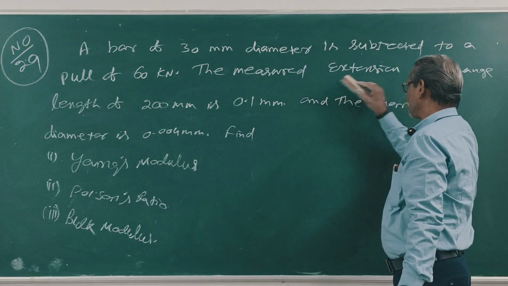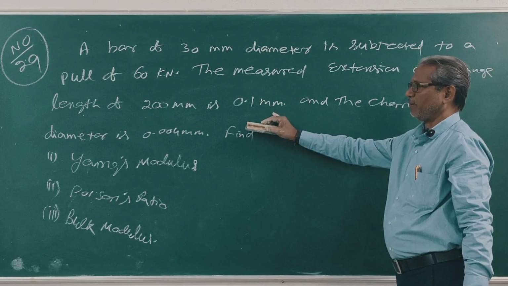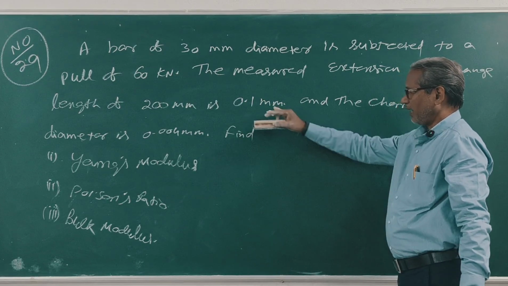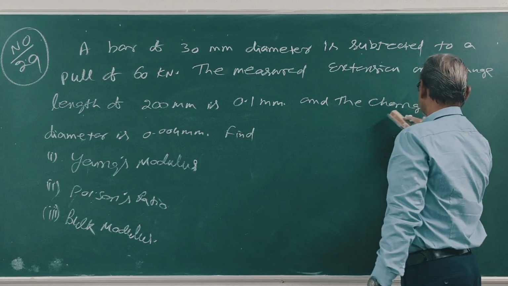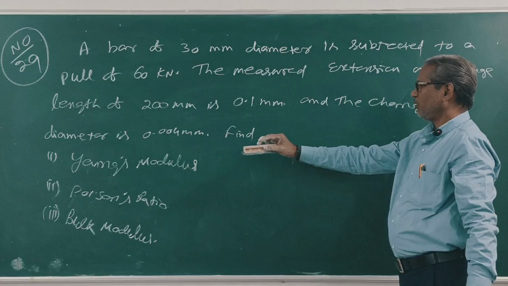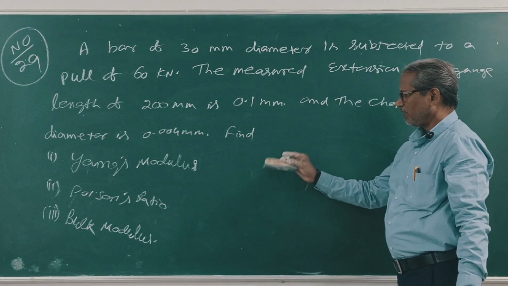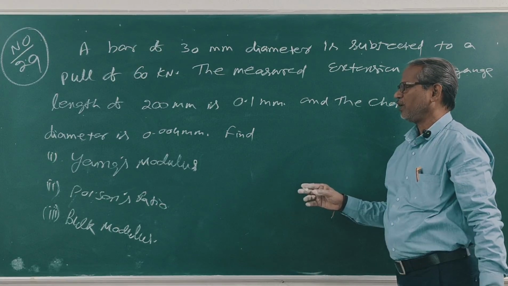The measured extension on a gauge length of 200 mm is 0.1 mm, and the change in diameter is 0.004 mm. Find Young's modulus, Poisson's ratio, and bulk modulus.